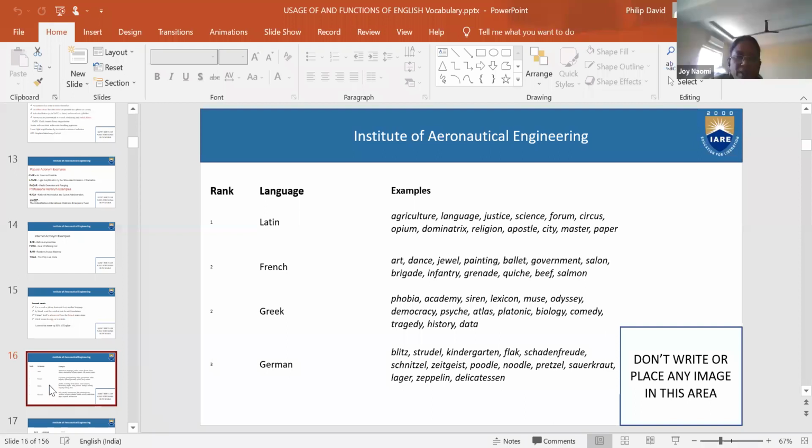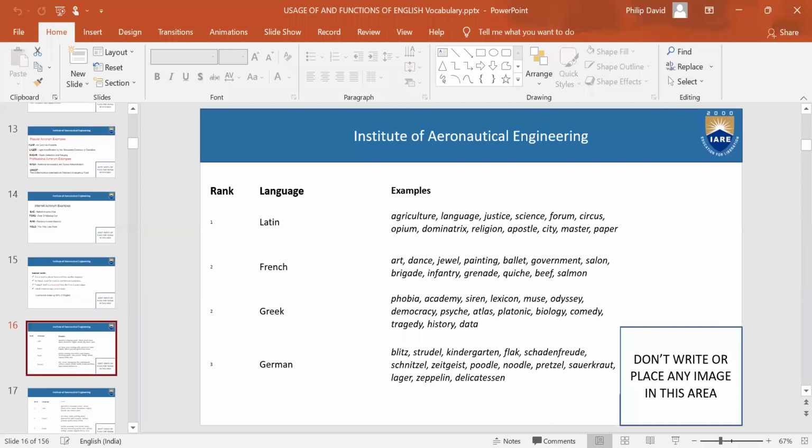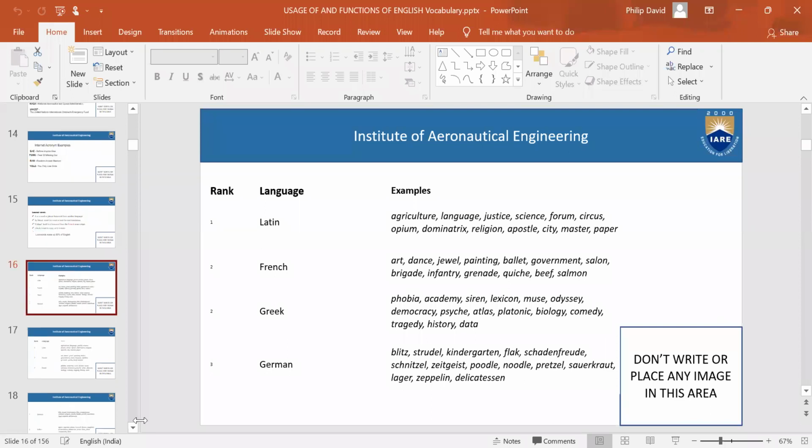German, words that English has borrowed from German: blitz, strudel, kindergarten, flask, schadenfreude, schnitzel, poodle, noodle, pretzel, sauerkraut, something like that. Continue reading. Leisure, zeppelin, delicatessen.